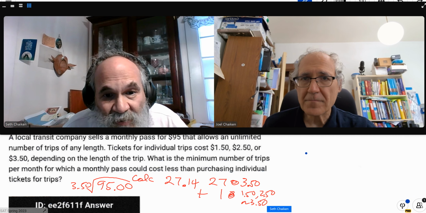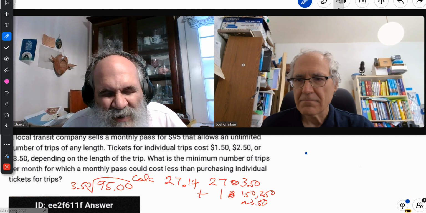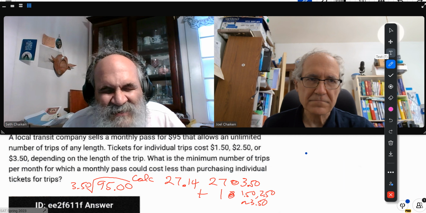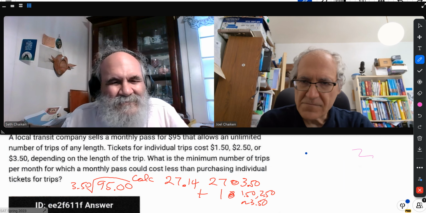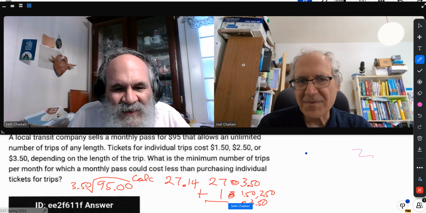That gives you the minimum number of trips for which the pass is strictly less expensive than the individual trips. So add them up and get 28.